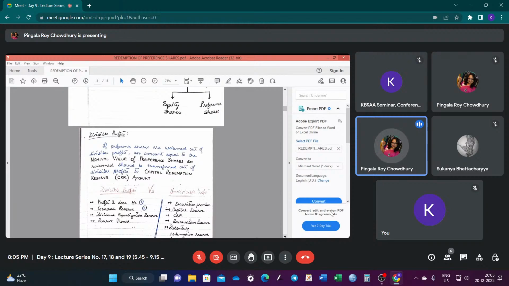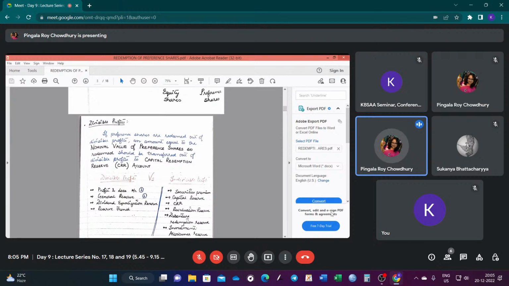That is, if you are redeeming preference shares at premium, we will not consider that premium amount. We will consider only the nominal value or the face value of preference shares which you are redeeming. That amount has to be set aside to capital redemption reserve from your divisible profits.